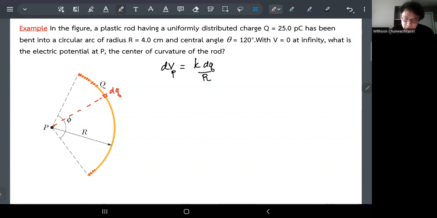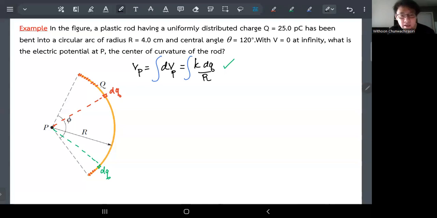No matter what dq you slice out, let me give you another example of dq in the green here, the expression you have right there still works. It's still K dq over R. So what you really need is just to sum all those throughout the arc. Once you integrate that, that will be your net potential at point P.